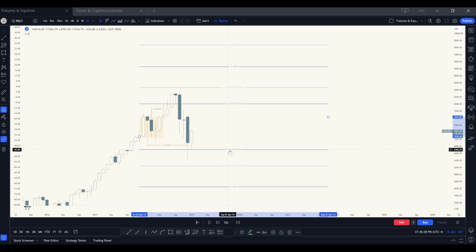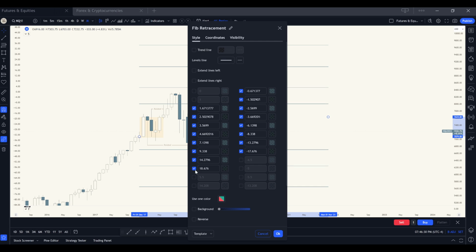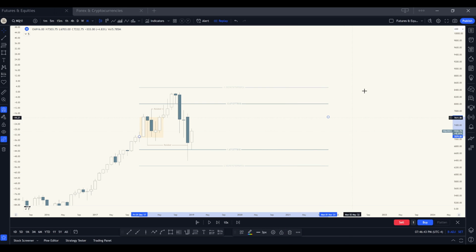Now, how do you know your measurement is correct? Because if your measurement is correct, it should have projected both sides of the Judas swing perfectly, right? It should have projected it perfectly. If it didn't, then you know you made an error somewhere.